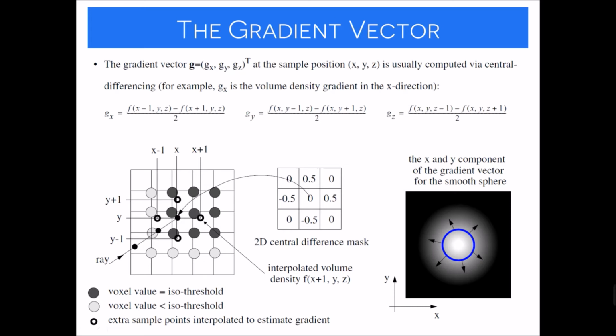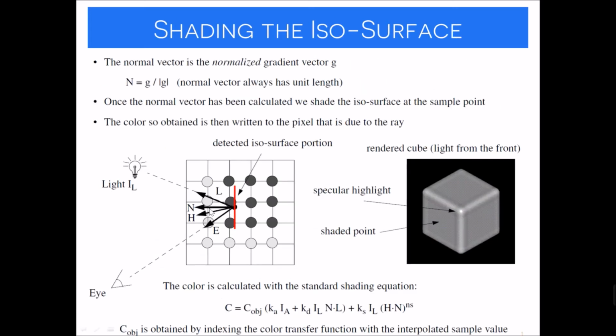And then you can apply shading. Once you have the normal vector, and you have a light source and an I vector, then you can compute this H vector, remember what we talked about, and then you can compute how much light gets reflected towards the eye from this particular surface that you found. Okay, just the same standard shading equation as you learned last lecture, you're going to use here as well.